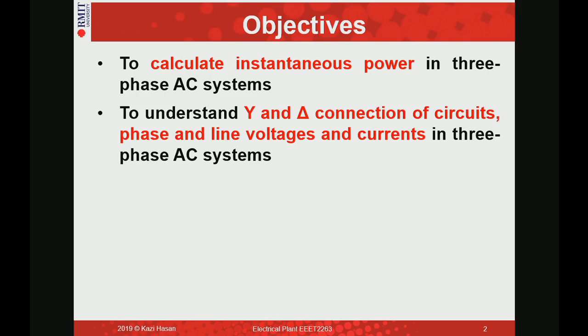So we will go through how we calculate phase voltages and currents, line voltages and currents in delta connected circuits and in Y connected circuits. And how do you calculate power from a delta circuit and from a Y circuit. So we will revise or learn those in the second part of the lecture.